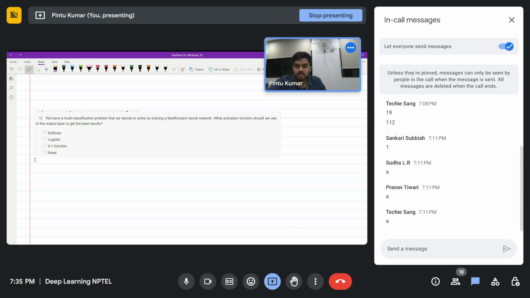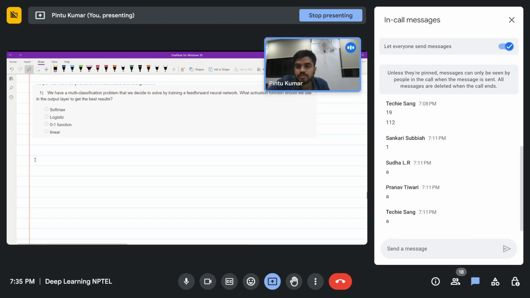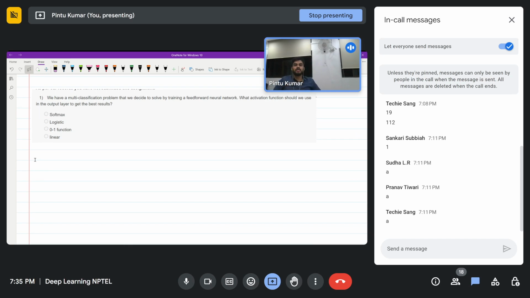So this is the question. We have a multi-classification problem that we decide to solve by training a feed-forward neural network. What activation function should we use in the output layer to get the best results? There are 4 options given: softmax, logistic, 0-1 and linear.